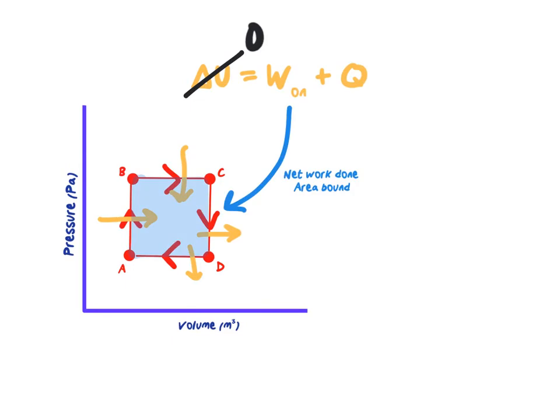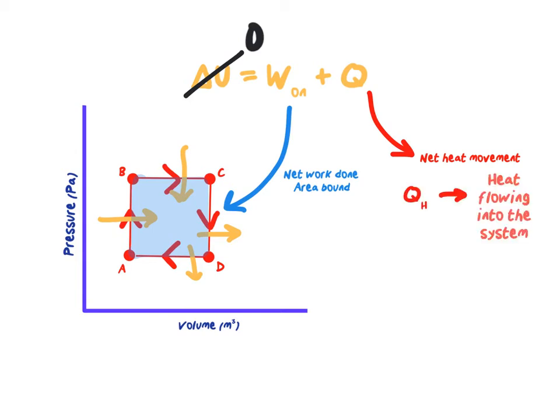And the net amount of heat moving into and out of the system, we would label in the following way. The heat coming into the system would be labeled as QH, because it's the high energy heat. And then as that energy is used to do work, we say that it's exhausted as low energy heat, which we label as QC, or like cold heat, if you will.